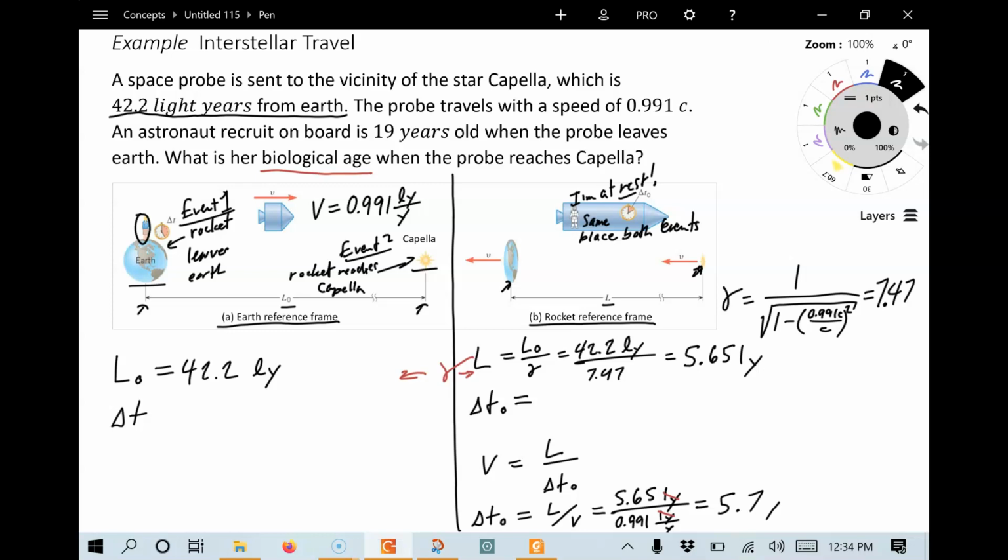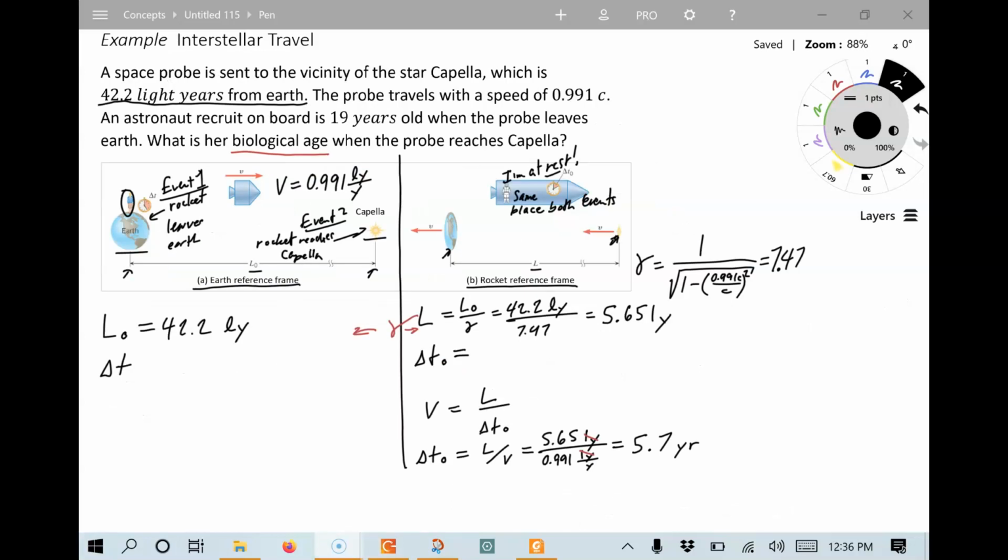And this comes out to 5.7 years. So by noticing how fast the Earth and the star Capella are traveling and looking at the distance, you can calculate the time in the same reference frame as the rocket. According to that, the person in the rocket has aged 5.7 years. And so, to answer the question, what is her biological age?